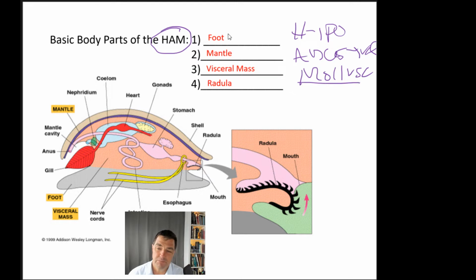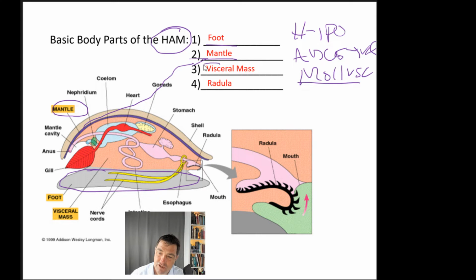So it has these basic body parts. It has a foot that you can see there, a muscular foot. It has a mantle, which is a thin tissue right here that covers the organs, and the mantle secretes the shell that's on the outside of the animal.